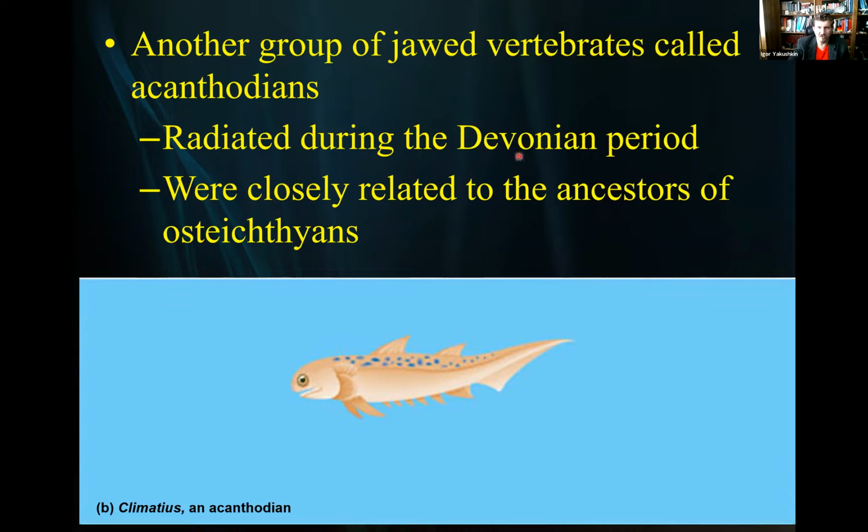During the Devonian era, we ended up with a very interesting group of fish which didn't use those very heavy armor plates on their body. As a result, they became much faster, and they ended up having the upper hand.